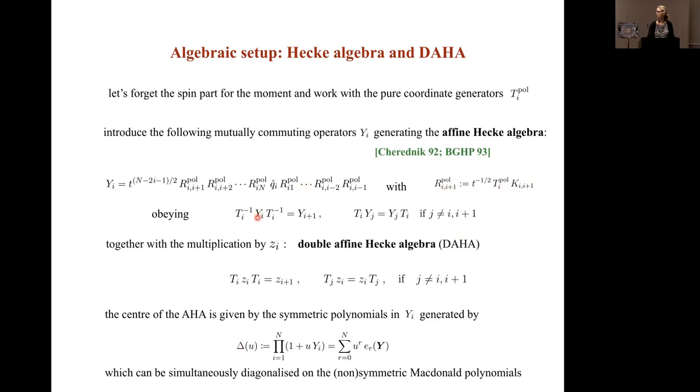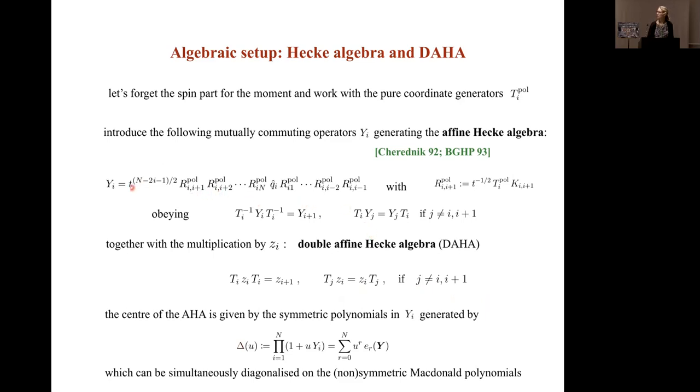But what's important is they obey some exchange relation with the Hecke generators. This is called the affine algebra, and if you add the exchange relations with the coordinates, you get a double affine Hecke algebra.